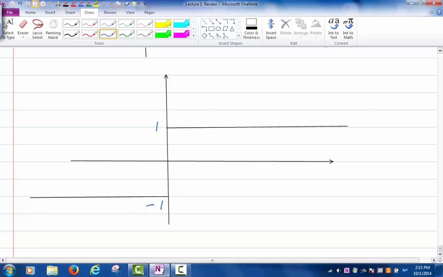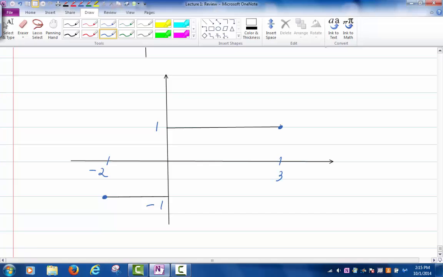So that's how the graph looks like. Let's take this value. Let's say this is negative 2 here, and let's say this is positive 3 here. And I'm actually going to erase the other part here. So this is how the graph of this function looks like between negative 2 and 3.